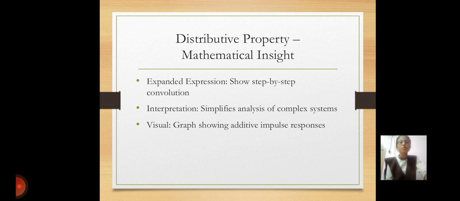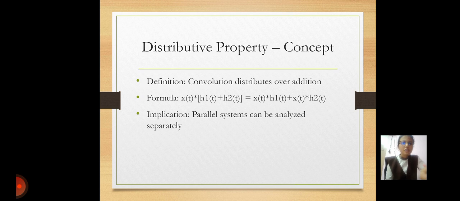Just as we saw in the previous slide, we can separate h1 of t and h2 of t, and separately convolve h1 of t with x of t and h2 of t with x of t. Because of this, it is very useful in simplifying complex systems.